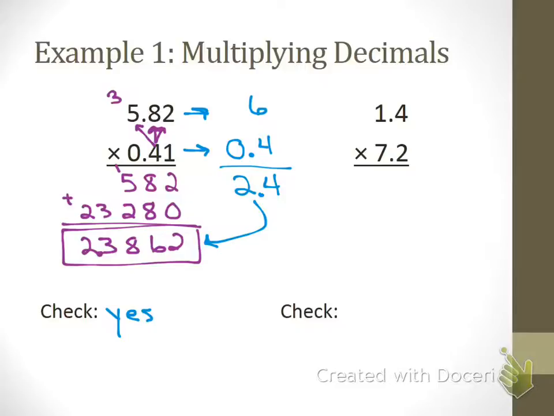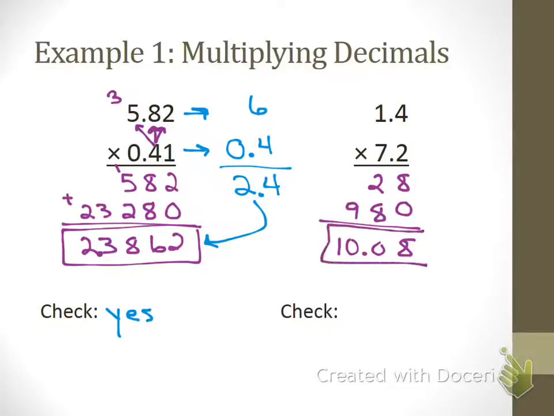All right, I want you to do the same thing on the second problem. Okay, let's start working it out. We've got 4 times 2 is 8, 2 times 1 is 2, fill in my 0, 28, 980, 8, 10. Where does my decimal go? Very good.